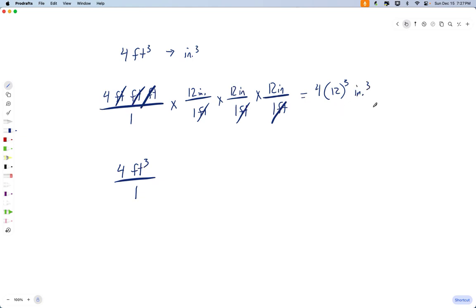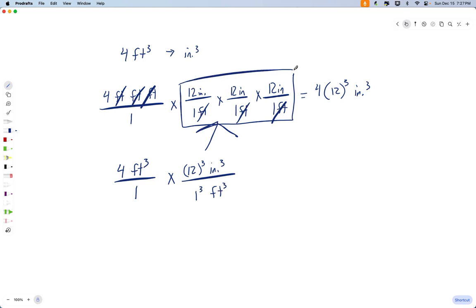But the faster way to get there is to just cube everything. So 12 cubed inches cubed over 1 cubed foot cubed, because it's the same thing. This is the same thing as all 3 of these.